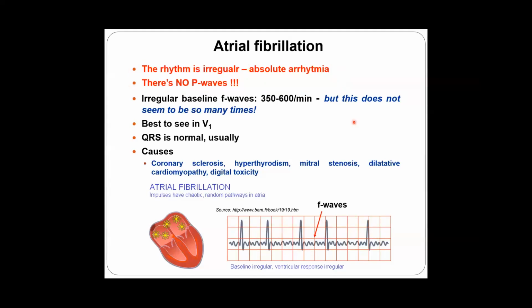It is very important because it's a very common arrhythmia, especially in the elderly, though it can occur in younger people. It can cause a plug in the auricles and cause embolization, which can kill the patient.